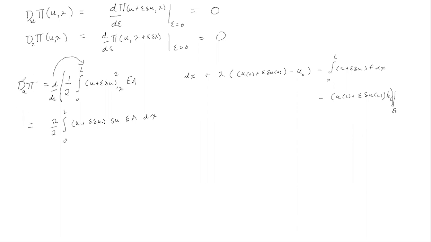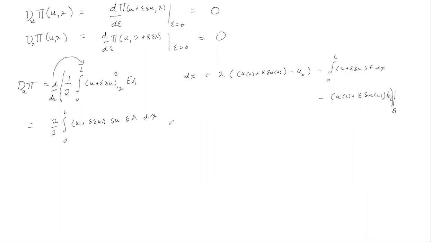In mechanics, this is just called a variational derivative, which means it's a derivative of a functional, which is the integral, with respect to a function, which is u. And this is the exact analog of a directional derivative in multivariable calculus extended to functions. Oh, okay, so the direction is delta u in this case. It's not a vector, because it's with respect to a function. So this is the direction in which we're looking for our solution. Okay.